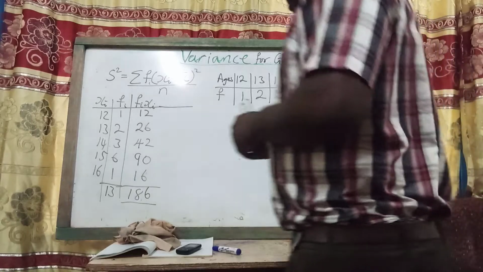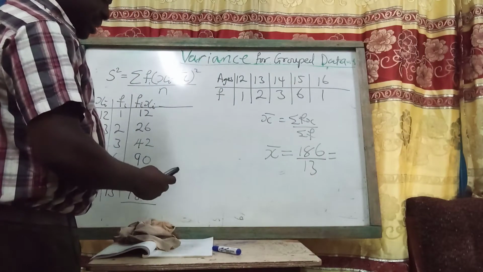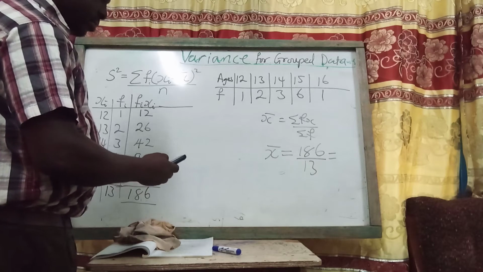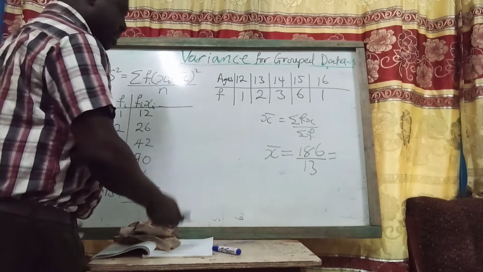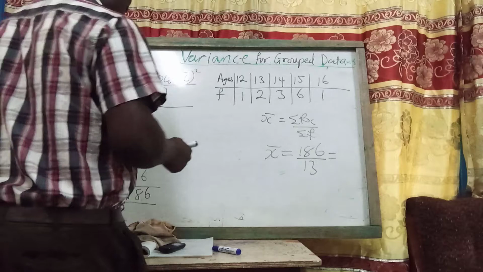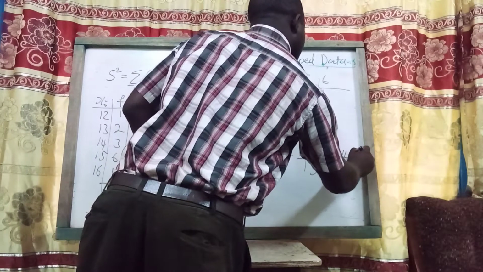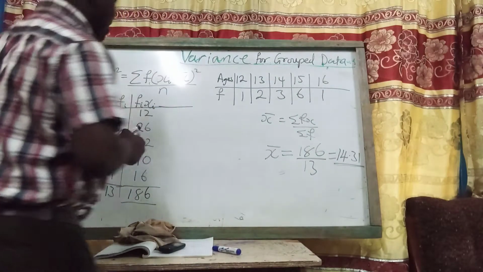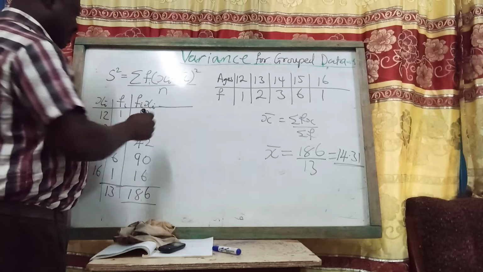And what do we get? 186 over 13 gives us 14.31. That is our mean. We are therefore going to use this mean to subtract from each entry.